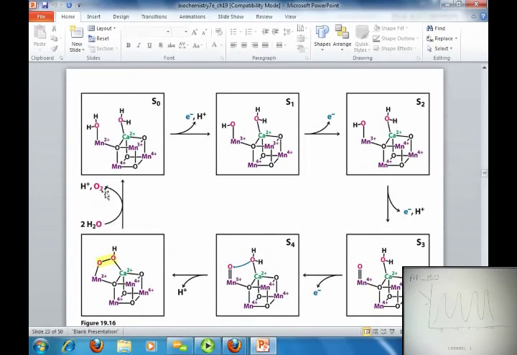It will evolve hydrogen, and 2 oxygen atoms or 1 oxygen molecule is released. So this is the way the water is split at the manganese atom in photosystem 2 in the presence of light energy. Okay.